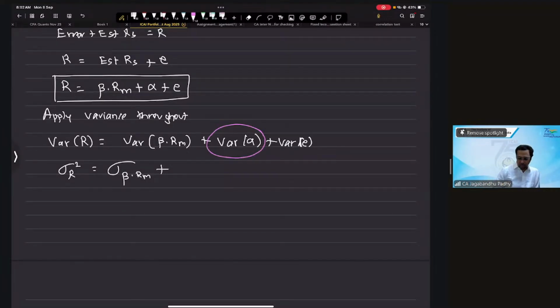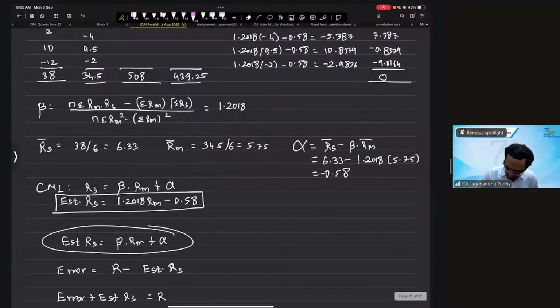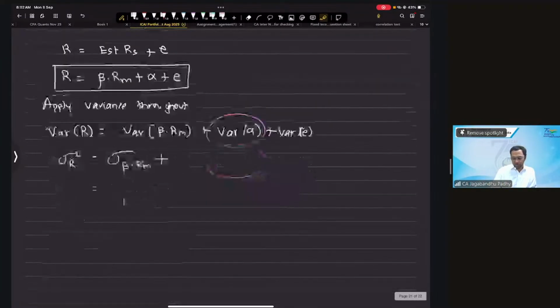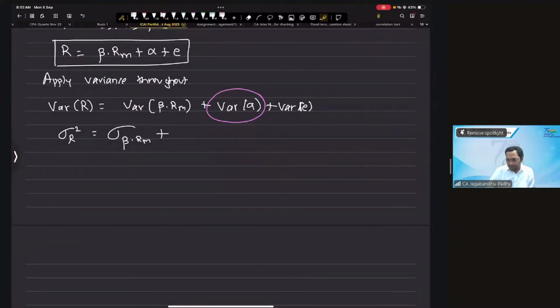Alpha is a constant term, because alpha is what we got over here as minus 0.58. Is there any variance in alpha? Is the value of alpha changing, or is it a constant term? It's constant. So can I say the variance of alpha will be 0? Yes. Plus variance of error.